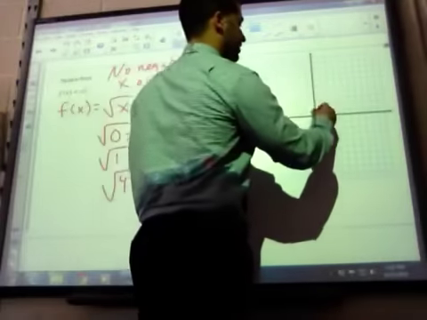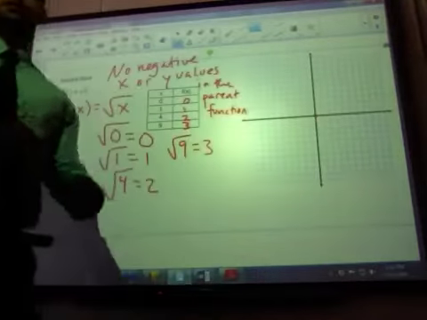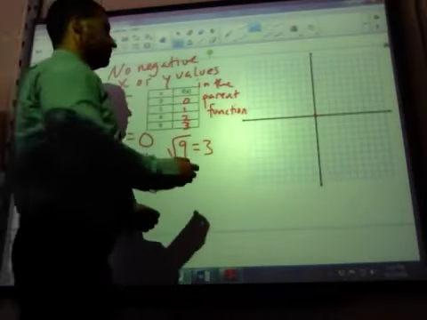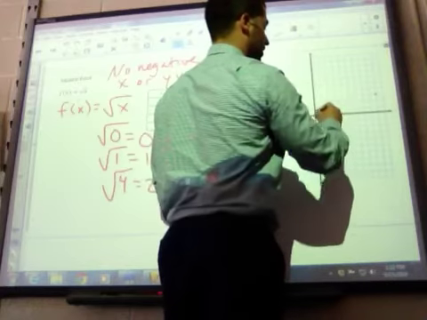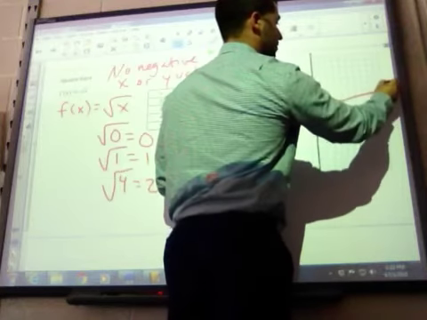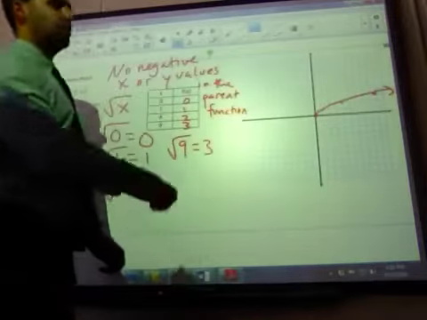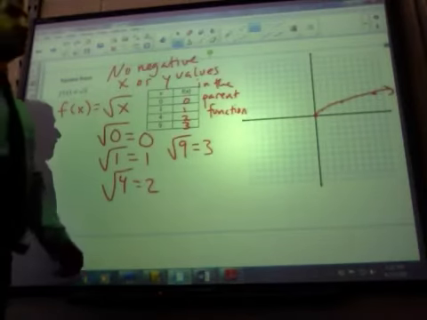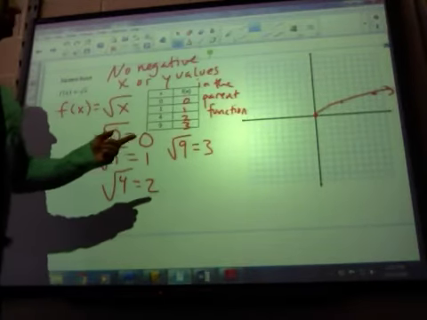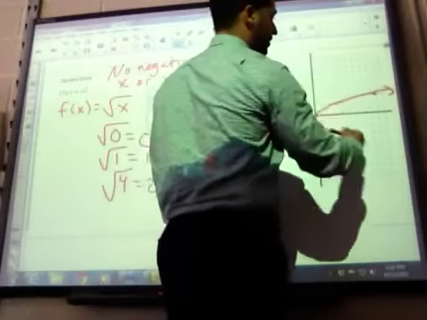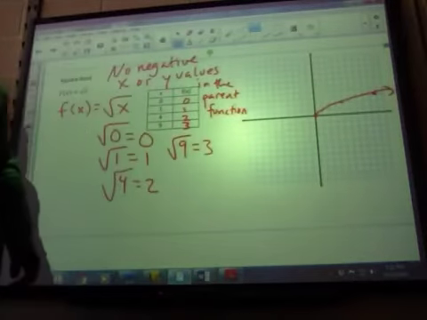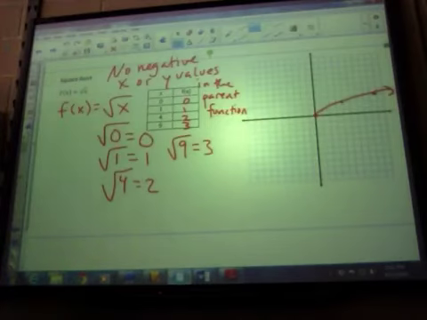So we'll put 0, 0 as our starting point as a closed circle to start our graph. 0, 0, 1, 1, 4, 2, and 9, 3. And it'll extend out to the right, but it will not go to the left or below. And if you look at it, like I was saying, this is the opposite of the quadratic. It's actually half of the parabola on its side, if you could imagine the other half. But those numbers would not exist because it'd be square rooting a negative.